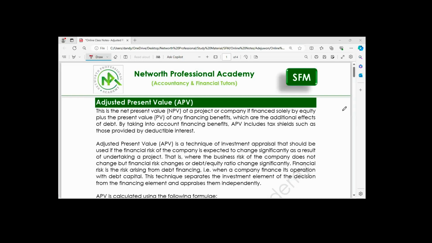And one more important thing I need to inform you is the fact that we can't solve more than one illustration because APV takes time to complete. All right. So considering the fact that we have a limiting factor, which is insufficient time, I won't be able to solve more than one illustration.